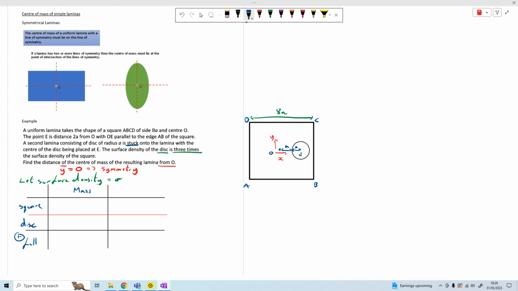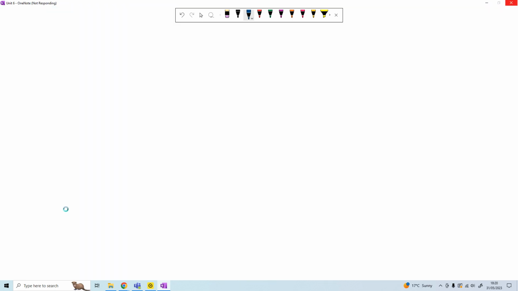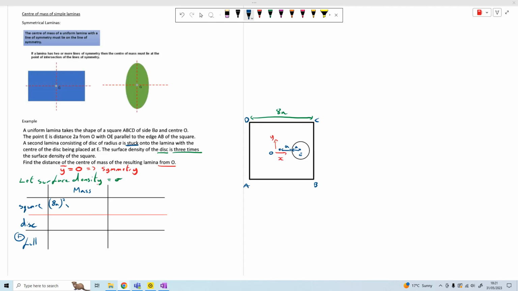My area is 8a squared times 8a, wait, 8a times 8a, which is 64a squared, so the mass is 8a squared... sorry, 64a squared sigma.